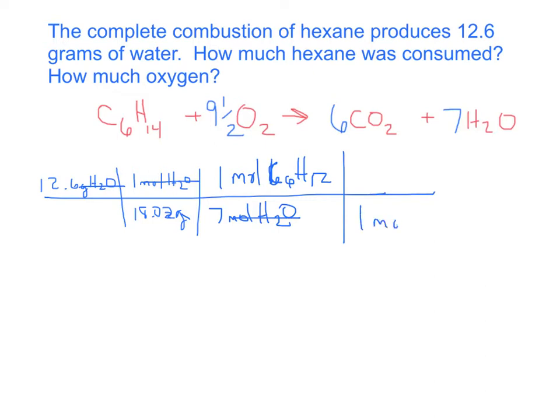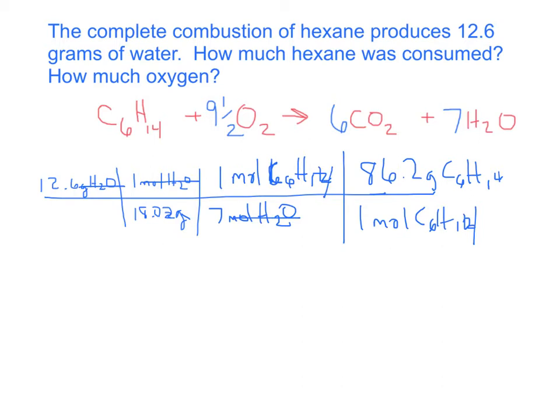A mole of hexane has a certain mass, and I bet it's been worked out: 86.2 grams of C6H14. I started writing 12s, and it's a 14. My bad.